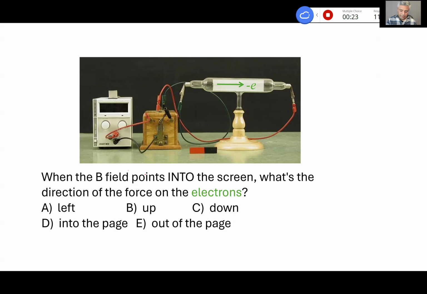It says the B field points into the screen. If I were to draw that, that's how it's going to look. The B field going into the screen means cross. Never mind this magnet here.